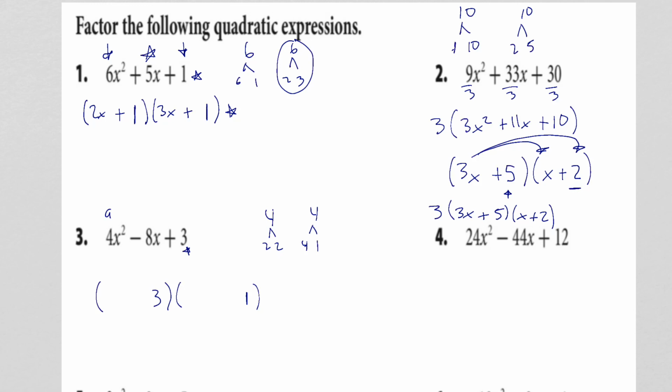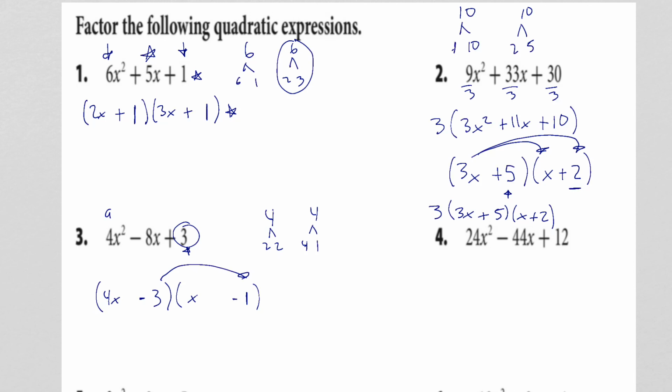So if I make this a negative 1 and a negative 3, when I multiply them together in the FOIL operation, I'll still get my positive 3. But now I need to figure out, well, how do I get negative 8? If I put a 4x here and a 1x here, you can just do trial and error.